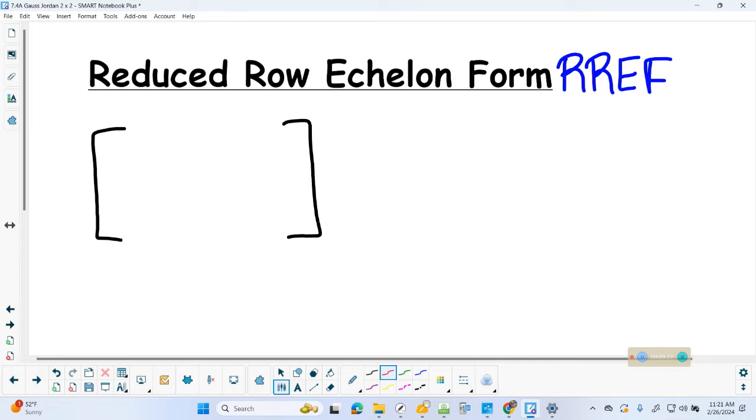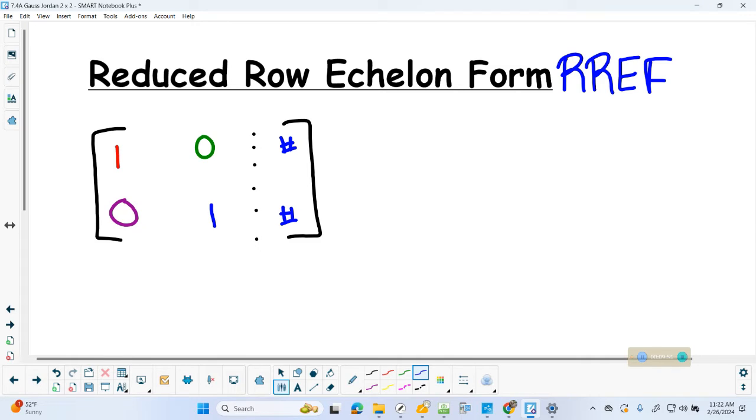So, you're going to start with 1. Your next number underneath it, 0. Your next column, underneath it. Of course, you're going to have your equal sign. I don't care if you put the dash line in or not. And then your last column over here, I don't care what numbers these are. They can be whatever. I'm just going to put the number symbol.